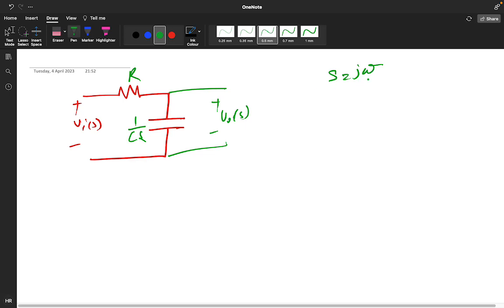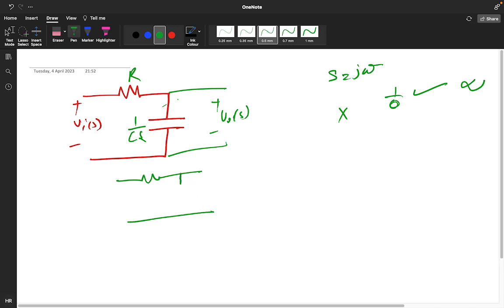If the omega value is 0, then what reactance are you getting? If you put 0, you get 1 upon 0, which is infinite. Infinite means this is open circuited, so whatever voltage was there, it's passing here, meaning current is passing from here to here.